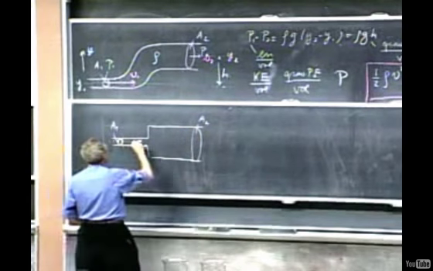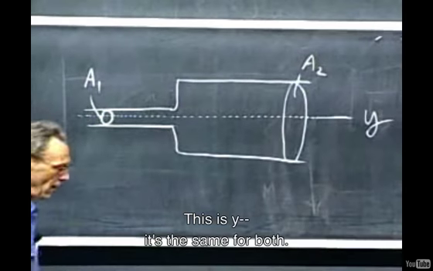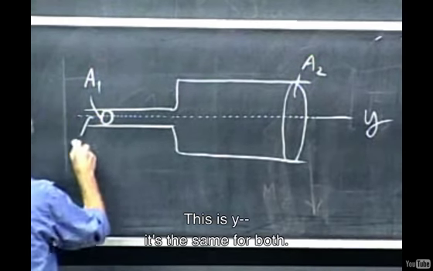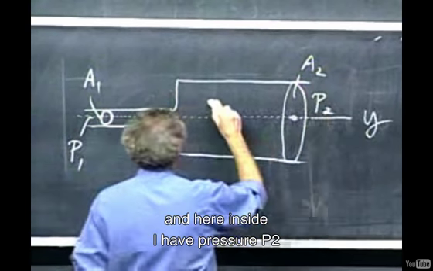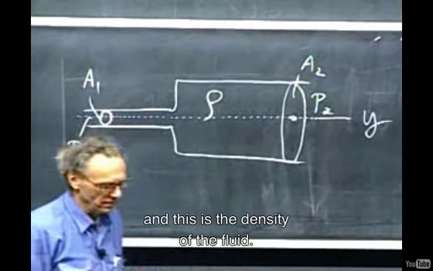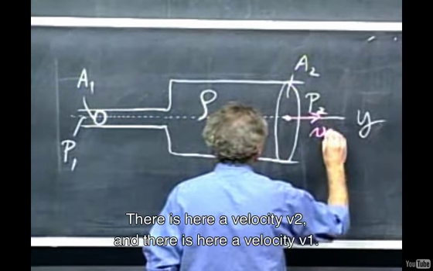This is y, it's the same for both. Inside I have pressure P1 here, and pressure P2 there, and this is the density of the fluid. There is a velocity V2 here, and a velocity V1 there.